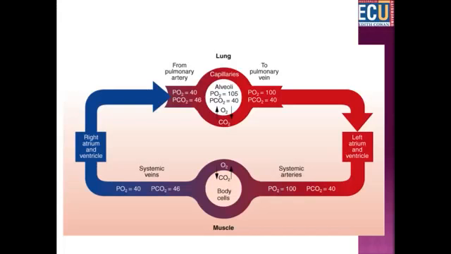The byproduct of the cell manufacturing products and doing its cellular functions is carbon dioxide. That needs to be expelled, and it's excreted via the systemic pathway. Those capillaries take up the carbon dioxide, turn that blood deoxygenated, it travels back to the heart, and this process repeats again and again.